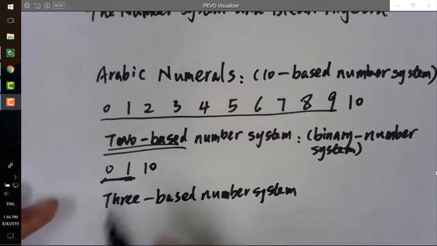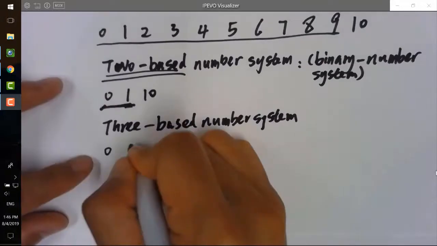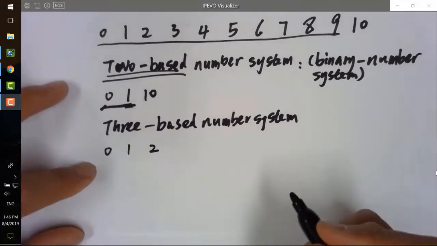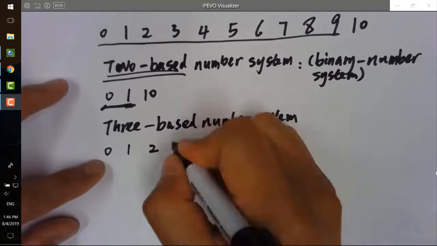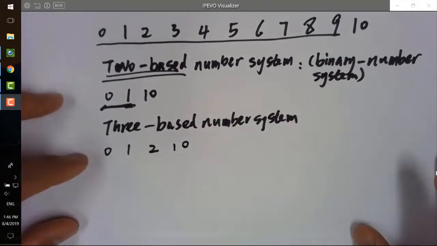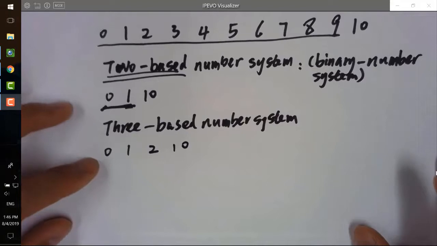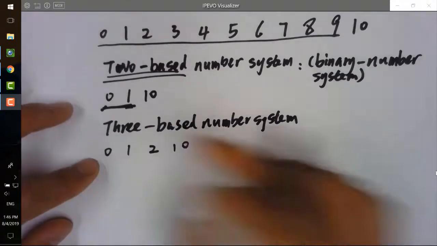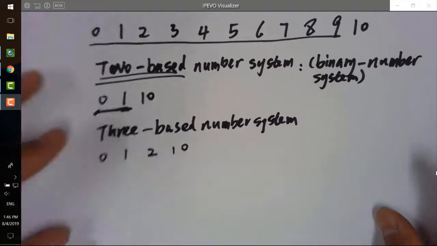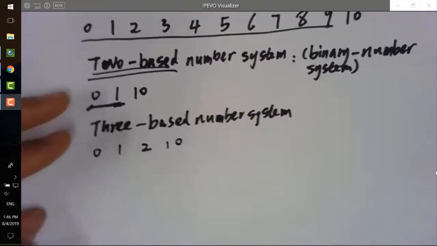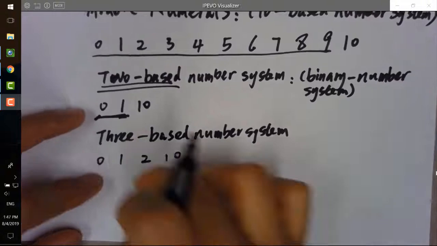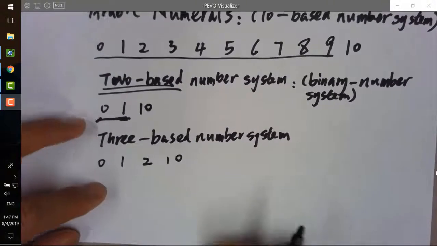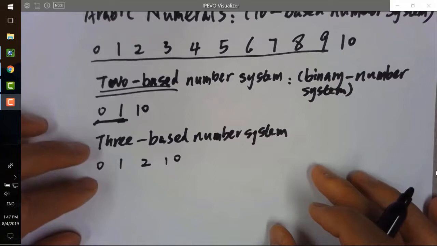You can imagine that we will have 0, 1, 2, and the number 3 in the 3-based number system will be 1, 0 instead of 3, since you don't have 3 in the 3-based number system. Now you're wondering, what is number 4 in the 3-based number system? Can we represent a 4 in here?